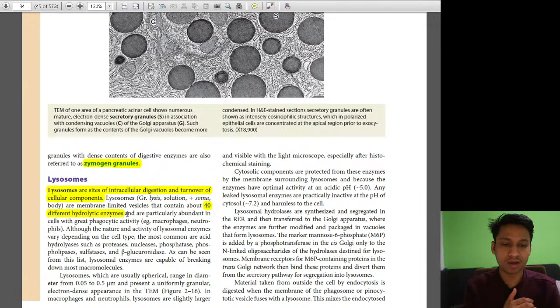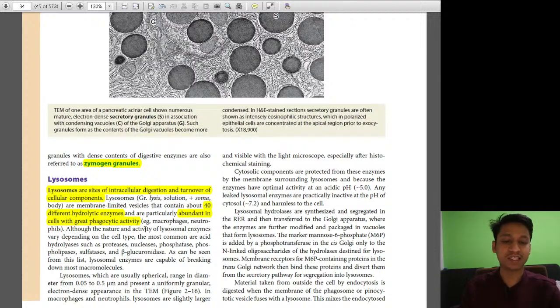Hydrolytic means water loving. We have read the great phagocytic cells are macrophages and neutrophils when we studied phagocytosis.